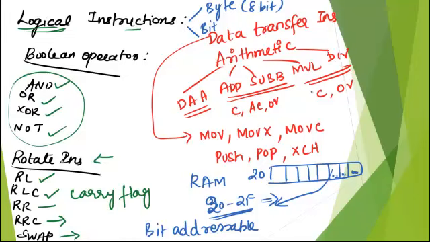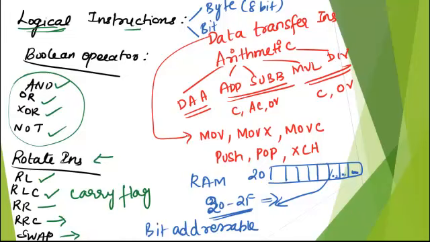In multiplication and division, carry and overflow are affected. In data transfer instructions, none of the flags are affected, except that to access the RAM of the 8051 we use the PSW's register select bits to choose particular register banks.